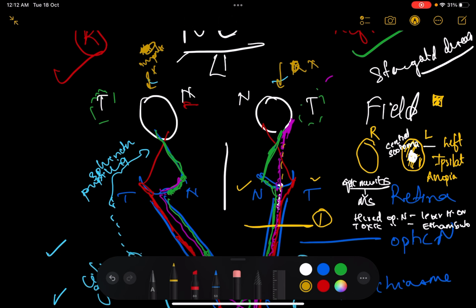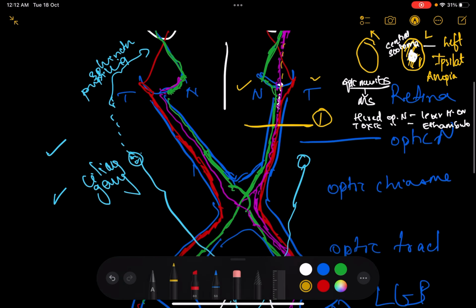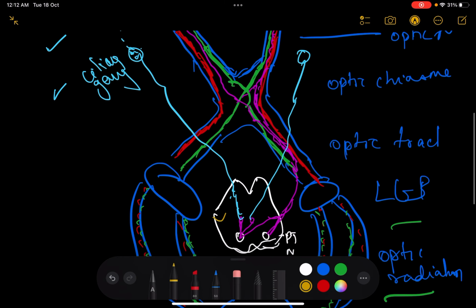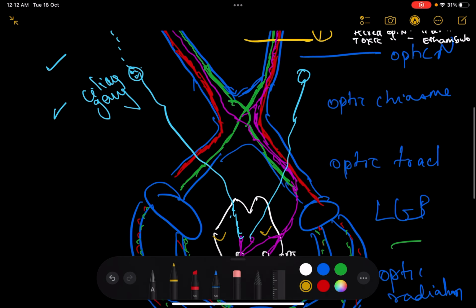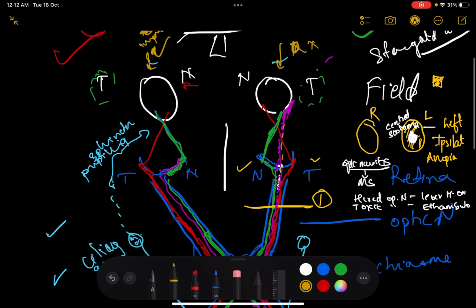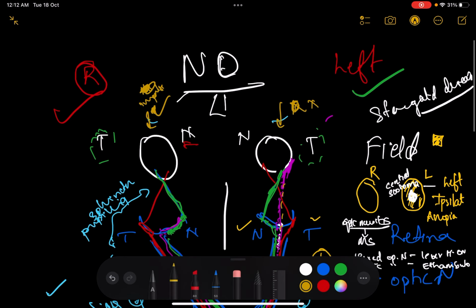You can see the pupillary light reflex. So if I give an impulse out here, the impulse is picked up, it stimulates the pretectal nucleus and the Edinger-Westphal, and once it stimulates the Edinger-Westphal, it obviously causes sphincter constriction out here as well on the left eye. I hope that is clear.